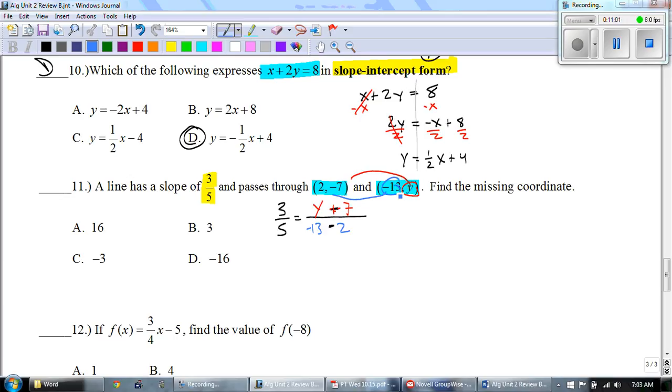Okay, so first we set up, and now we simplify. So I have 3/5 equals y plus 7 over -15. We set up parentheses, and then we go ahead and multiply. 3 times -15 is -45, and I'm going to set that equal to 5 times y plus 7.